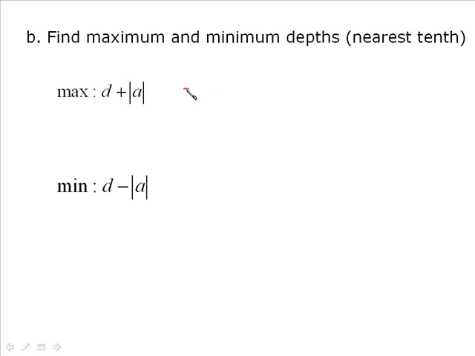So really all we're doing to get the maximum is taking that d value, let's work that out, 3.1 plus 1.8 is equal to 4.9 meters. And then the minimum would be the 3.1 vertical translation, which is really just the midpoint of your curve.